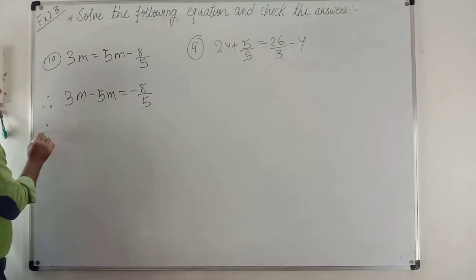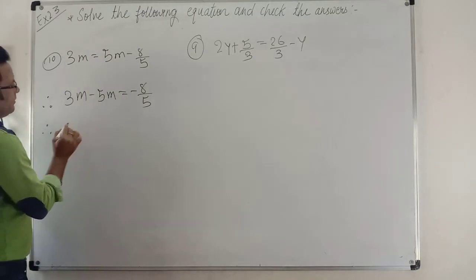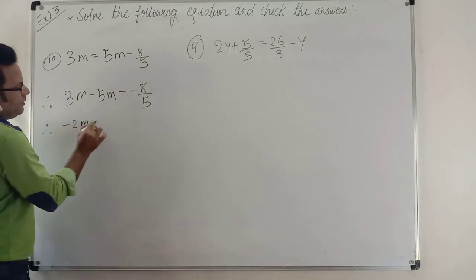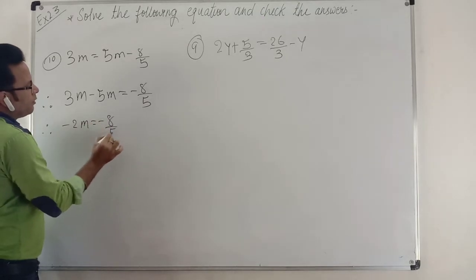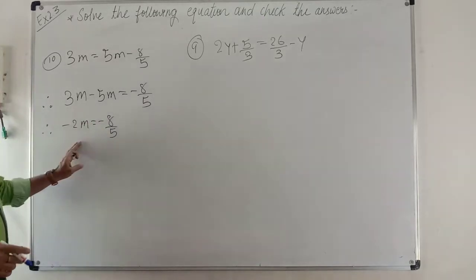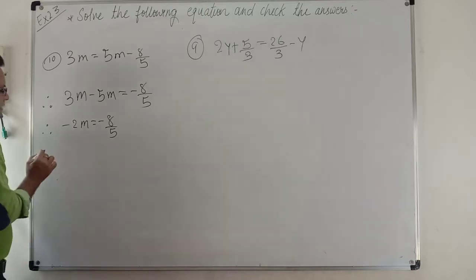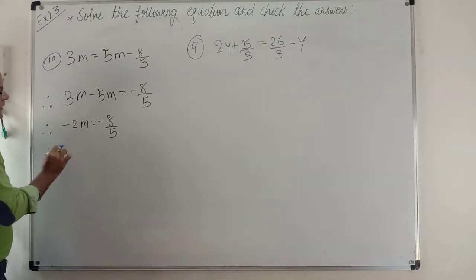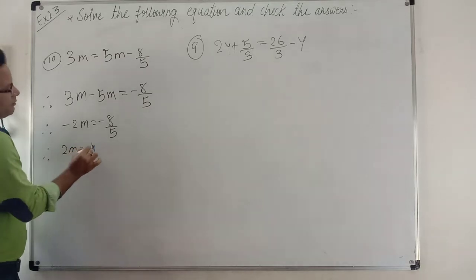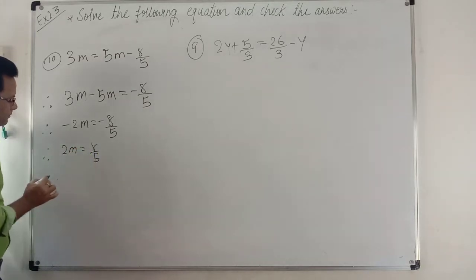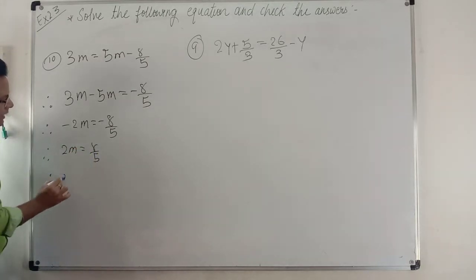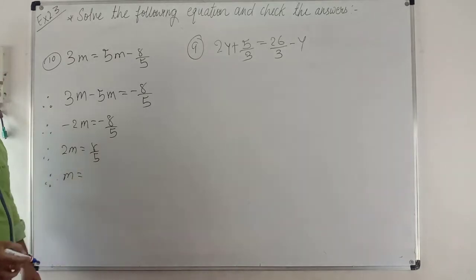Okay? Therefore, 3 minus 5 means minus 2m is equal to minus 8 upon 5. Now here both the sides have the same sign. So minus minus plus.